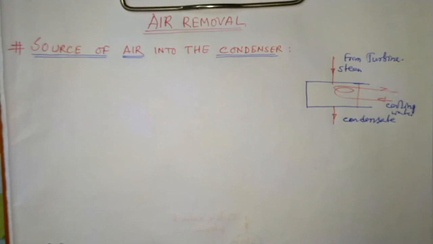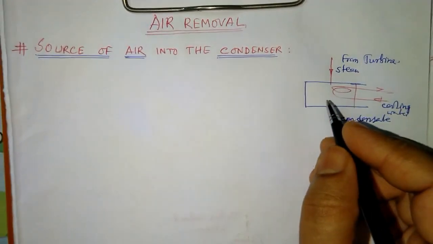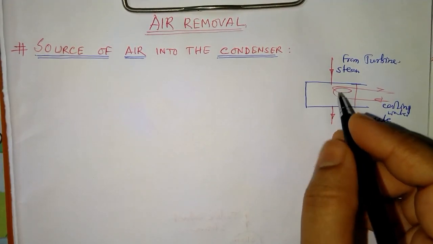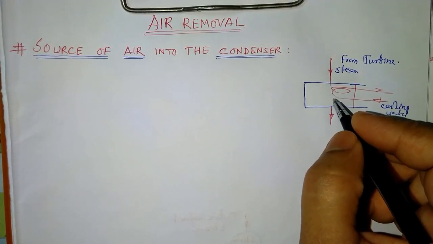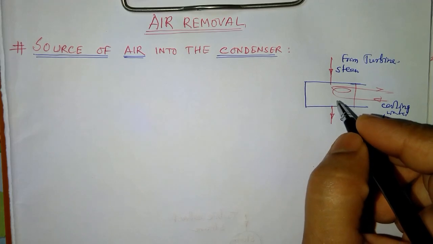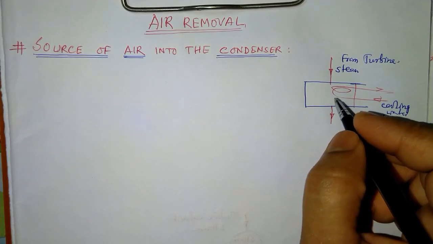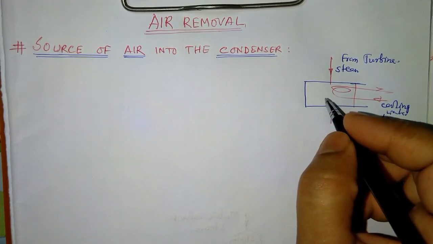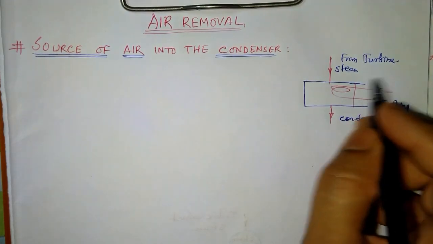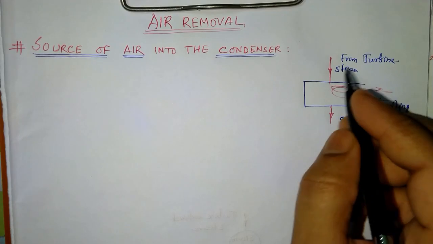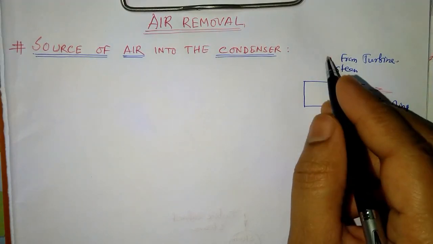During the discussion of surface and jet condenser, I told you that air is leaking into the condenser through different joints. If you remember the condensing plant, with the condenser we have many pumps, our cooling water coming from the cooling tower, and our steam coming from the turbine.